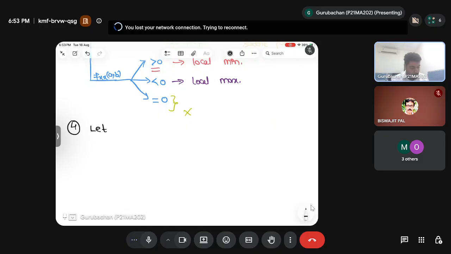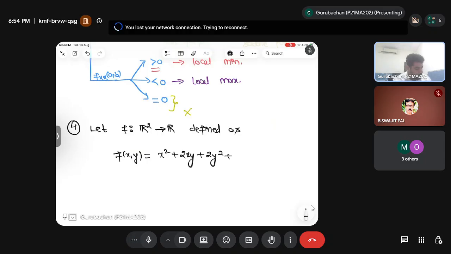Let f: R square to R be defined as f(x,y) = x square plus 2xy plus 2y square plus 2x minus 6y plus 3.